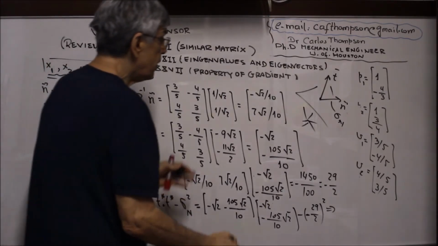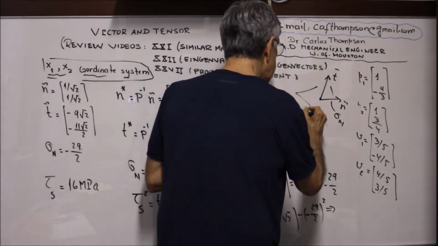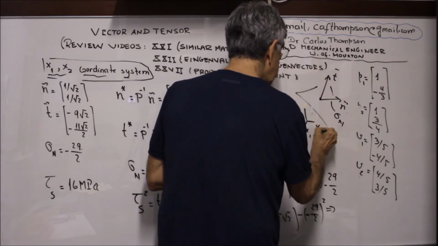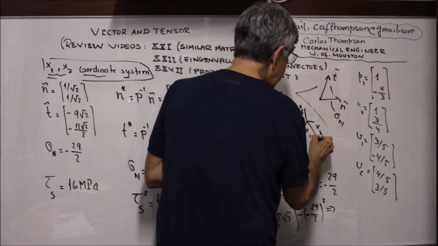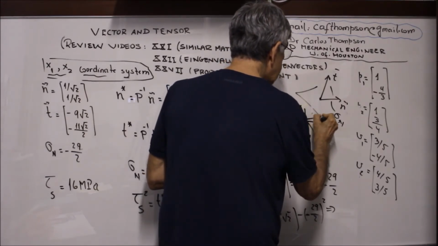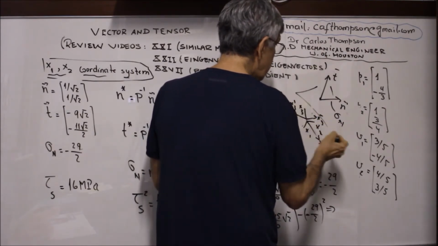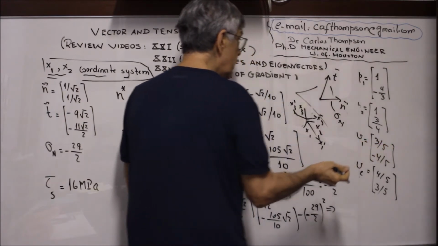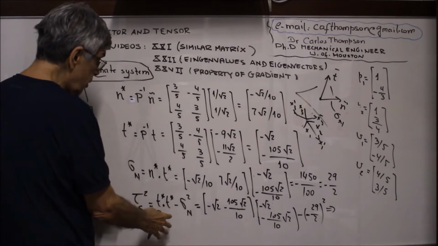So, you see, this is very important. You can use any coordinate system, any. x1, x2, x3, or x1 prime, x2 prime, x3 prime. The dot product will not change. The components will change, but the dot product will not change.